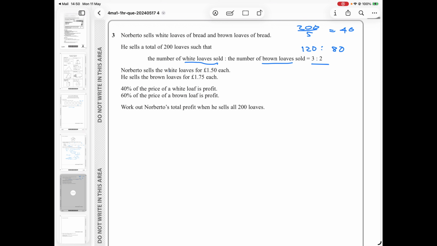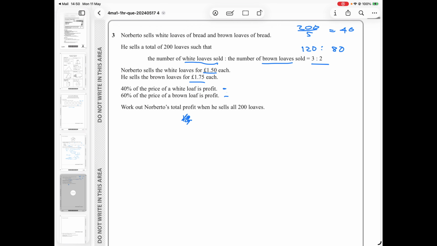Norberto sells the white loaves at £1.50 and he sells brown loaves for £1.75. 40% of the white loaf is profit and 60% of the brown loaf is profit. Work out his total profit. Well, we could actually do 40% of the white loaf as profit.